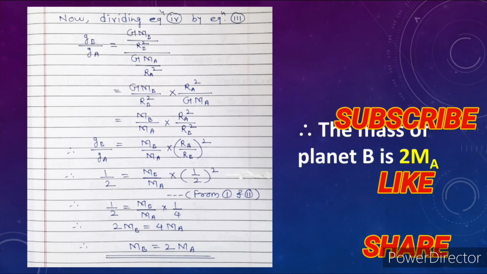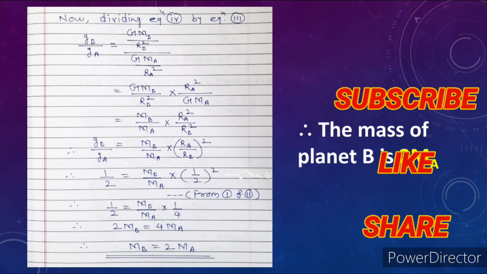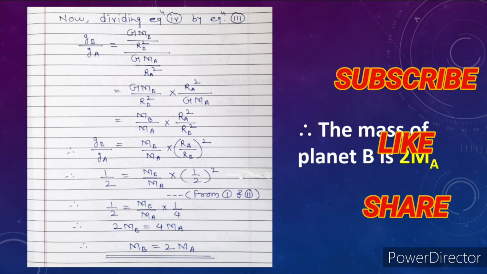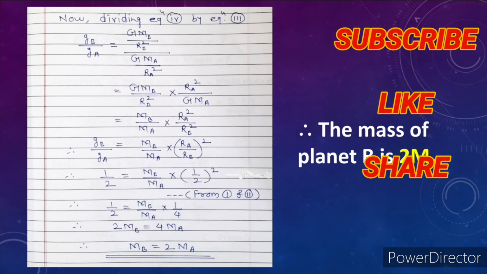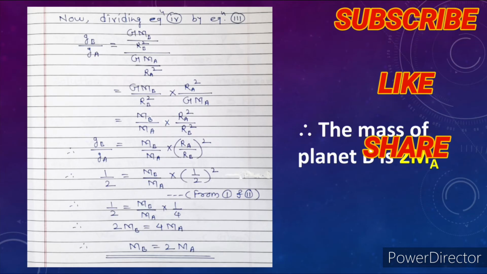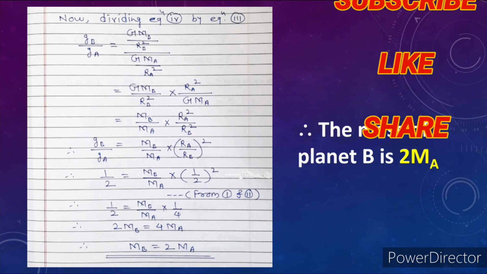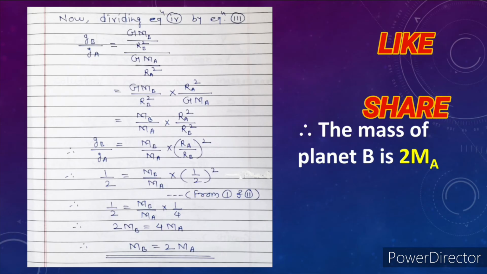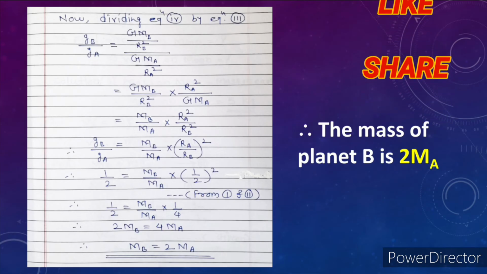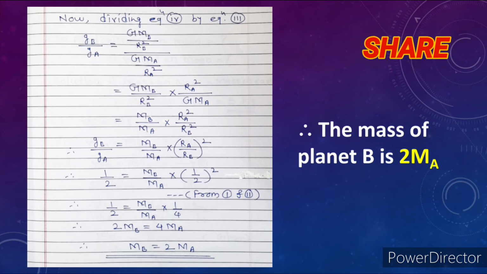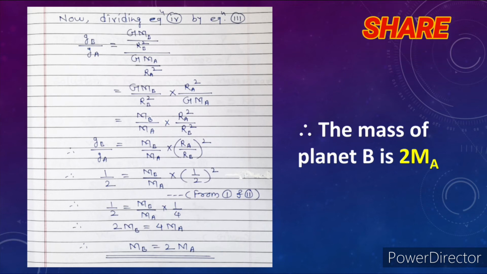That is equal to GMb upon Rb square into Ra square upon GMa. That is equal to Mb upon Ma into Ra square upon Rb square. And therefore, Gb upon Ga is equal to Mb upon Ma into bracket Ra upon Rb whole square.